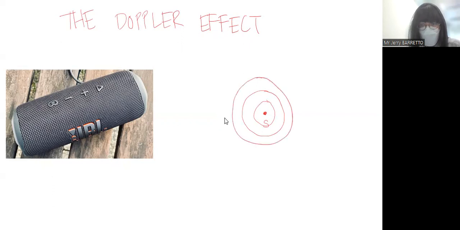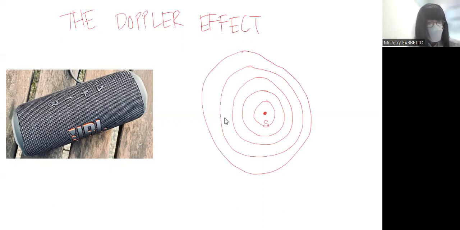That's right, concentric circles. The centers are coinciding. You get the picture. And those lines that you see are actually crests. Those are the maxima.